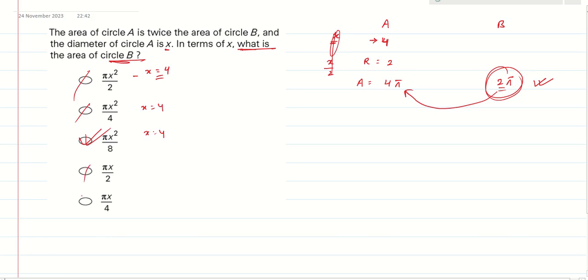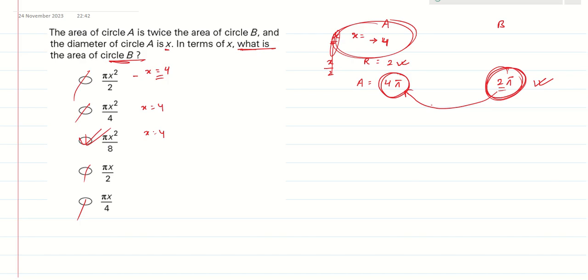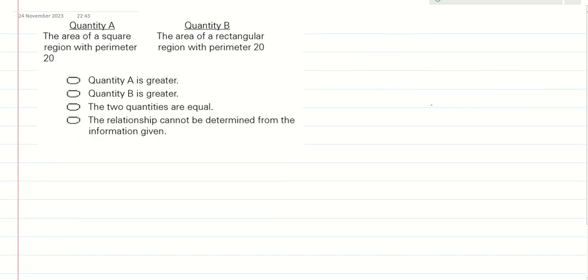Sometimes when you plug in a good number, it becomes easier. If x equals 4, then our radius must be 2. Area must be 4 pi, which means the area of this must be 2 pi. It's given twice, which means the area of B must be half. Good one.